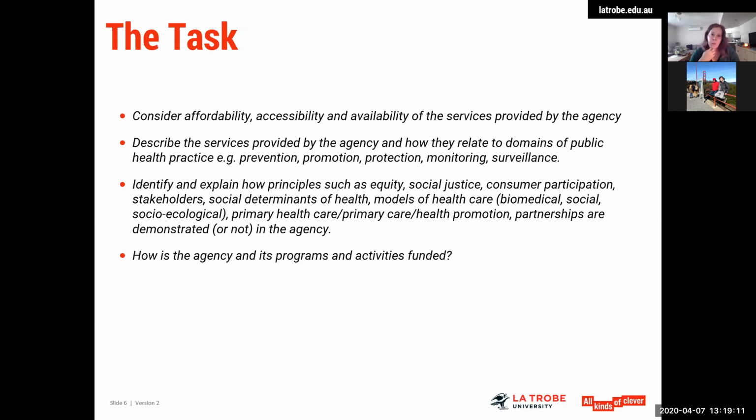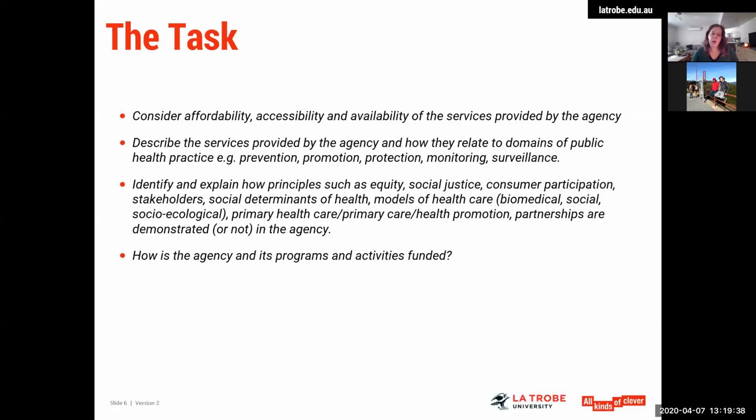Perhaps online chat functions or counselling, or there's all sorts of ways that people might actually be able to access those particular services that are being provided. And the availability might be, for example, 24/7 or restricted to certain times or days. So those are critical when you're looking at some of these things, and don't just think about who has access, who can afford. Think about those who can't.